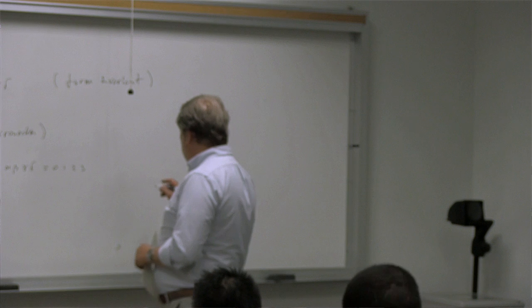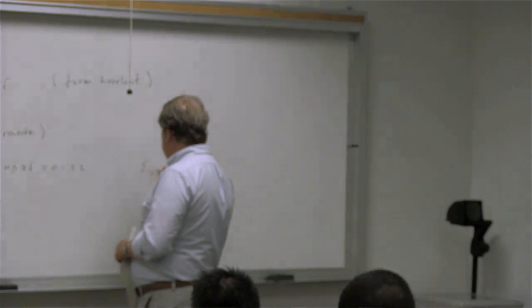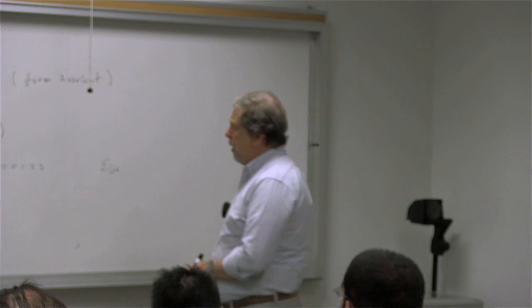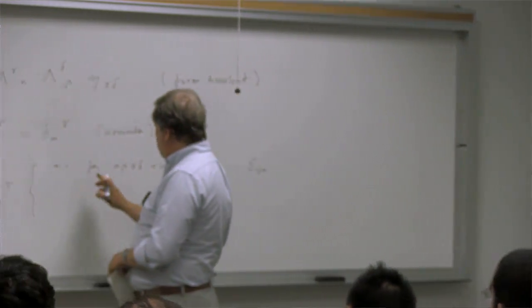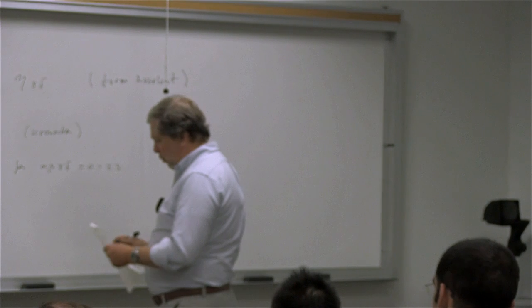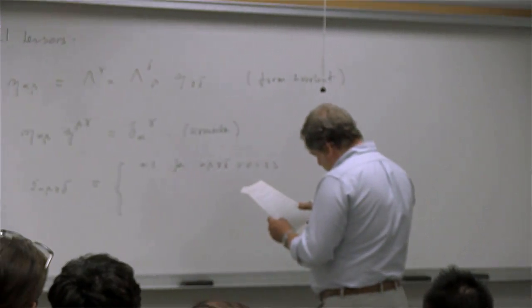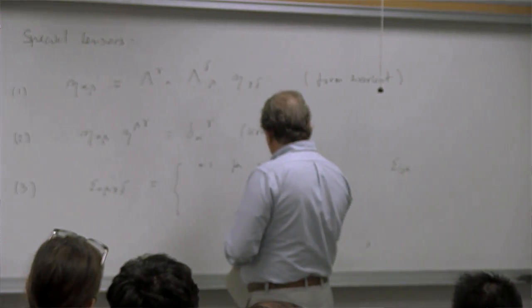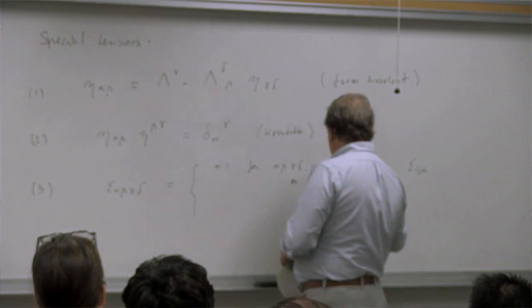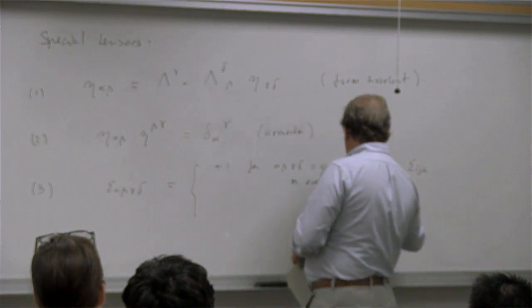Normally, what you're familiar with is epsilon ijk. And so it is +1 if the indices are in the canonical order, or an even permutation of indices.